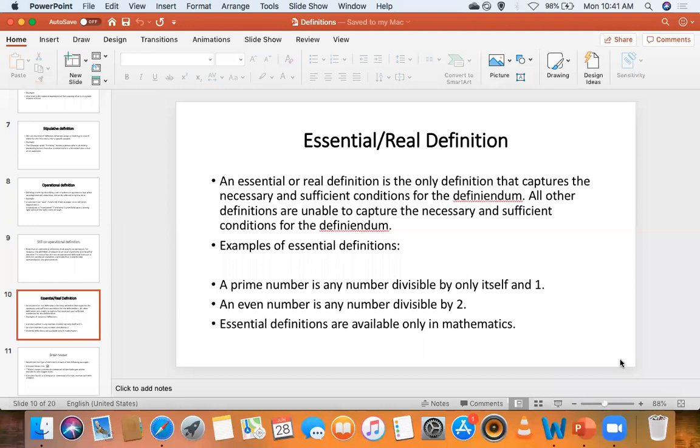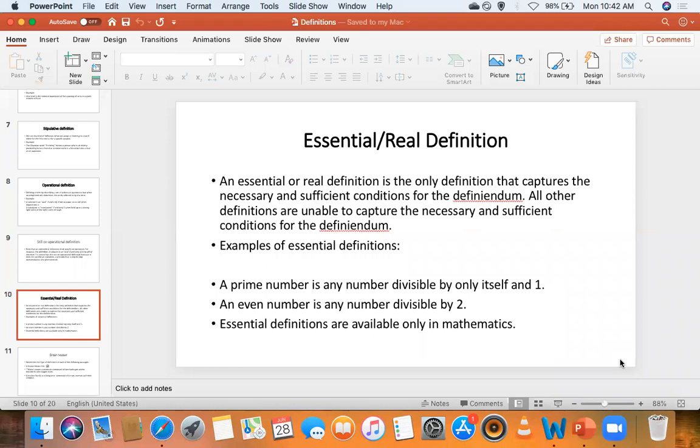But if it is not an essential definition, and you removed the definiendum and you were presented with only the definiens and you never saw the definiendum, and then you are asked what kind of definiendum would be suiting for this definiens, in many cases you crack your head and the definiendum might not occur to you, because the definiens does not satisfy all the necessary and sufficient conditions for the definiendum.